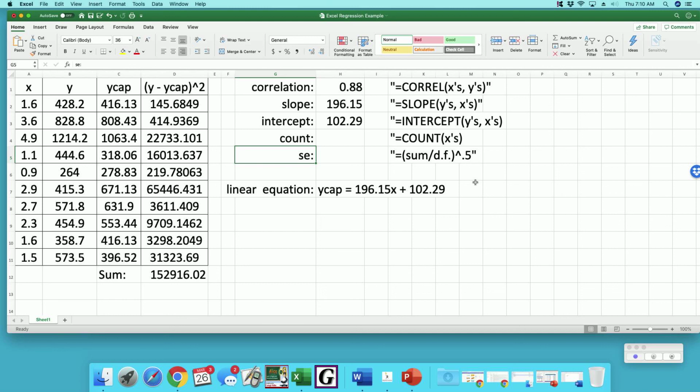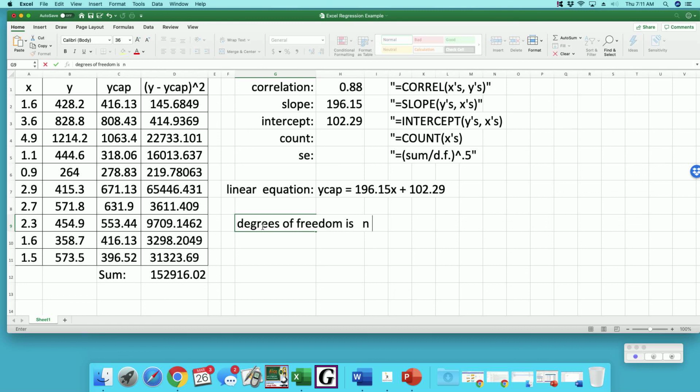Now, degrees of freedom is defined by how many elements you have, which is n, minus 2. So degrees of freedom is n minus 2. All right?